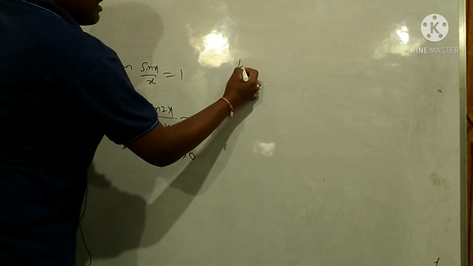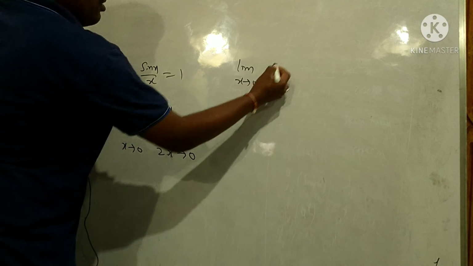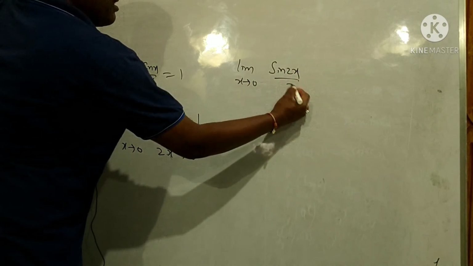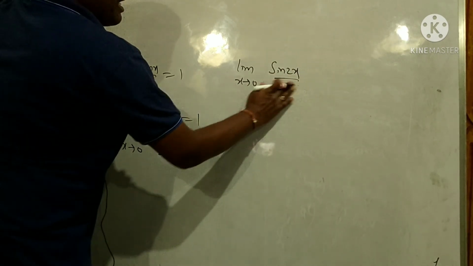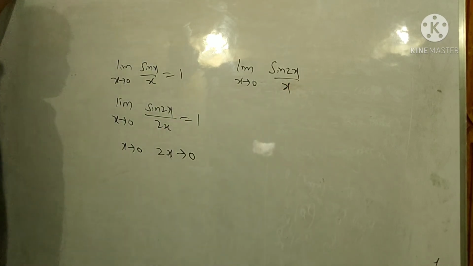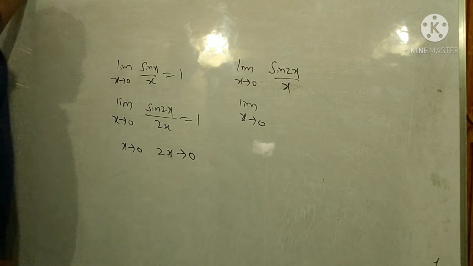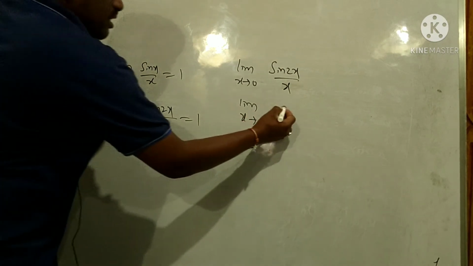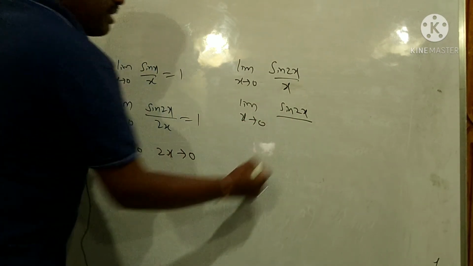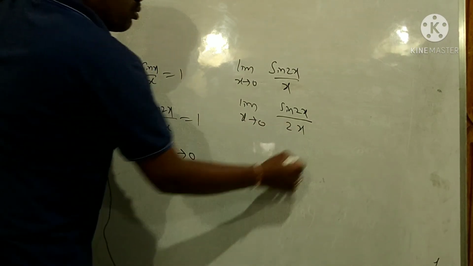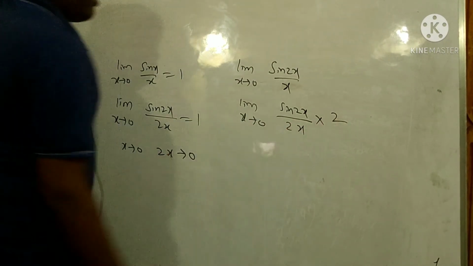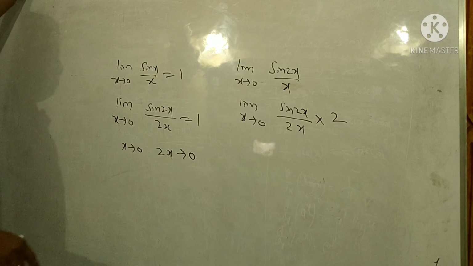Suppose at any time you have a limit like this, x tending to 0, you want to find sin 2x by x. What is this limit? Then what I do here, I will convert it into such a form: limit x tending to 0, sin 2x divided by, I will multiply with 2 and divide by 2.